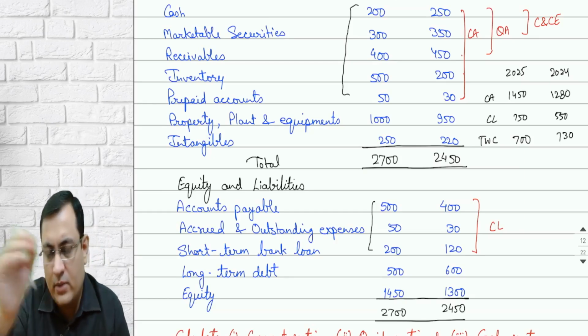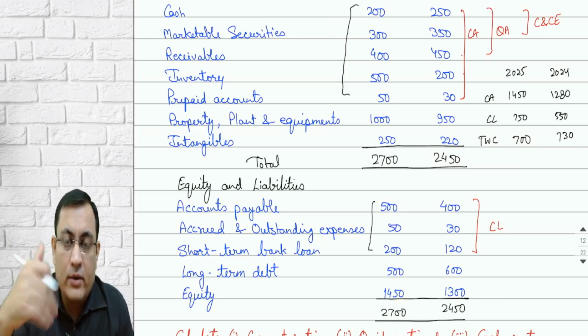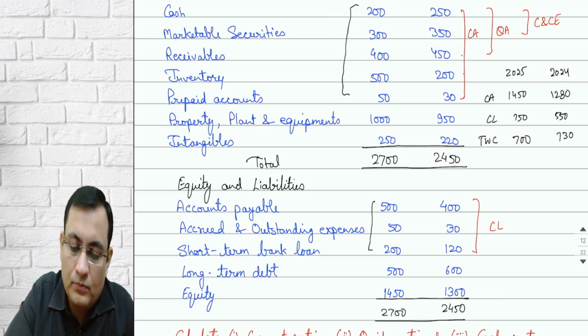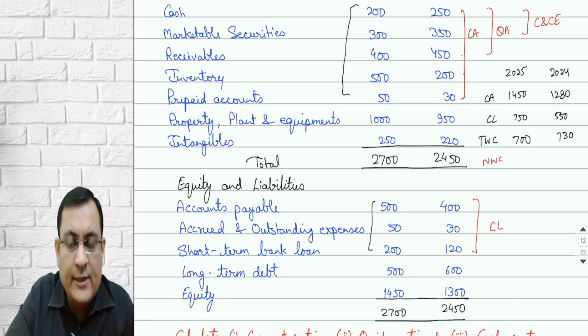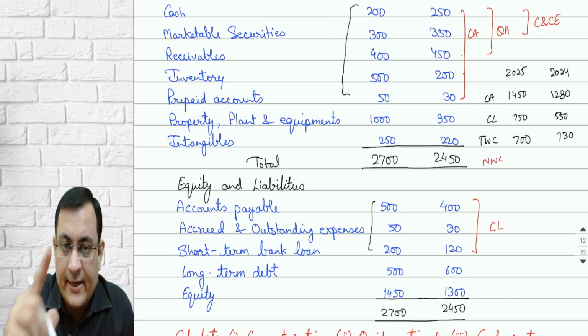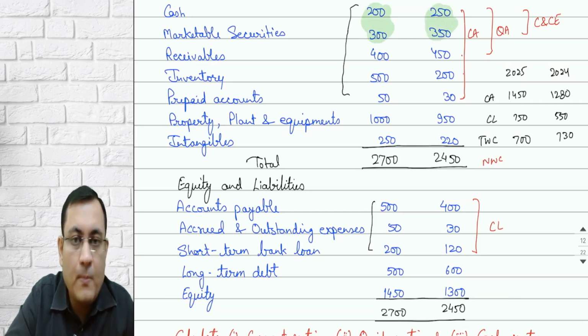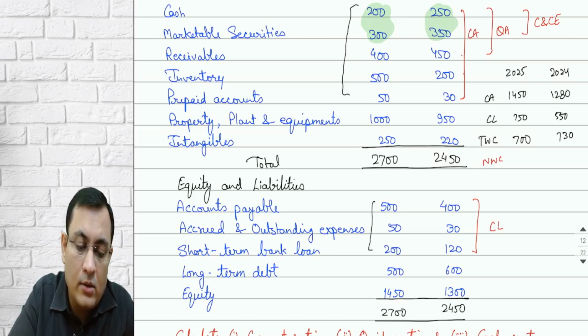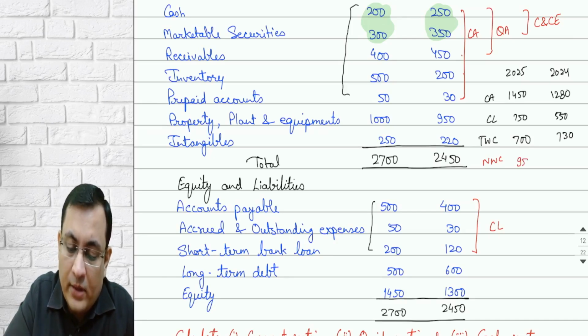This is the amount invested by investors in the business for day-to-day working. Now if I want to calculate NWC, it means your current asset excluding cash and marketable securities. So the current assets excluding cash and current marketable security, excluding 500, it is 950.